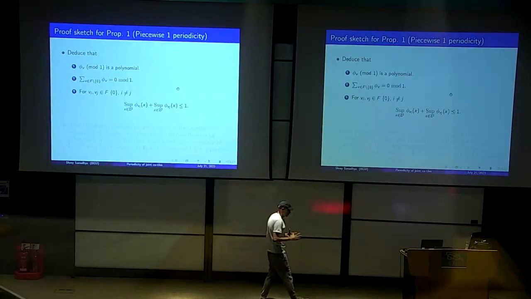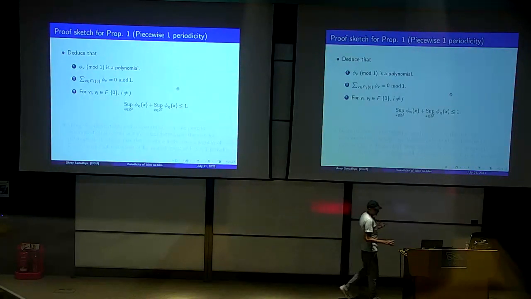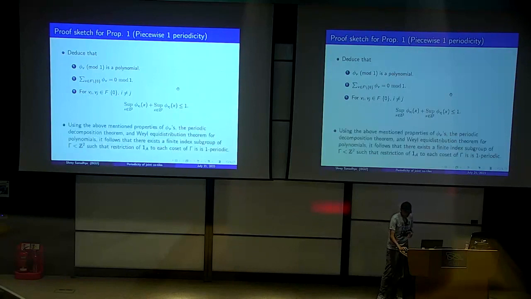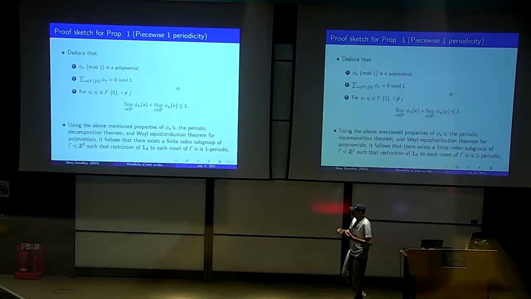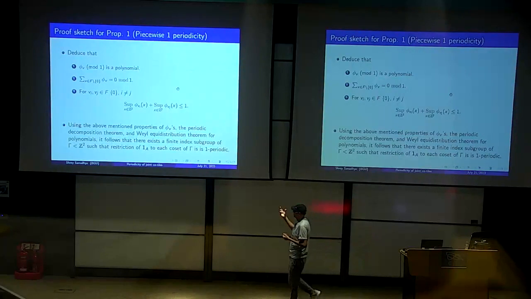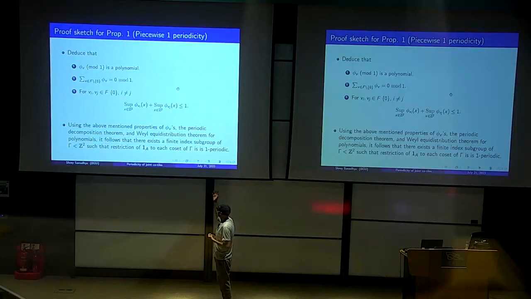And all this information, together with the periodic decomposition theorem and Weyl's equidistribution theorem, we can use to deduce that there exists a finite index subgroup gamma such that the restriction of 1A on each coset of gamma is one periodic. And that's what we need.